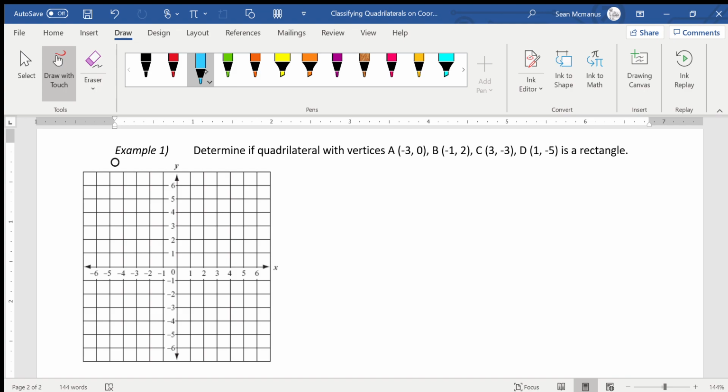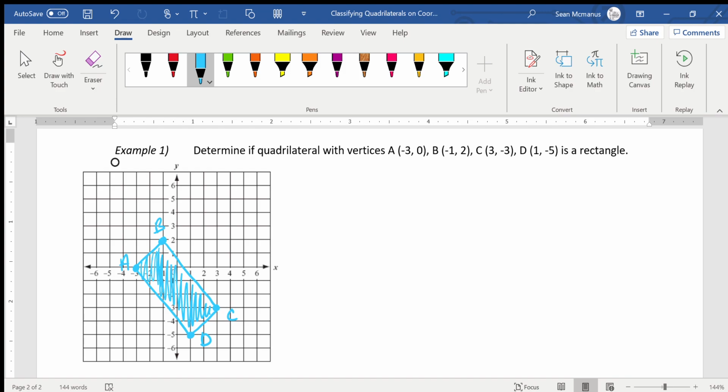Negative 3, 0 is A. Negative 1, 2 is B. 3, negative 3 is C. And 1, negative 5 is D. Okay, so we plot and label, and now, you may be able to look at it and tell if it's a square or not, but we need to prove it.